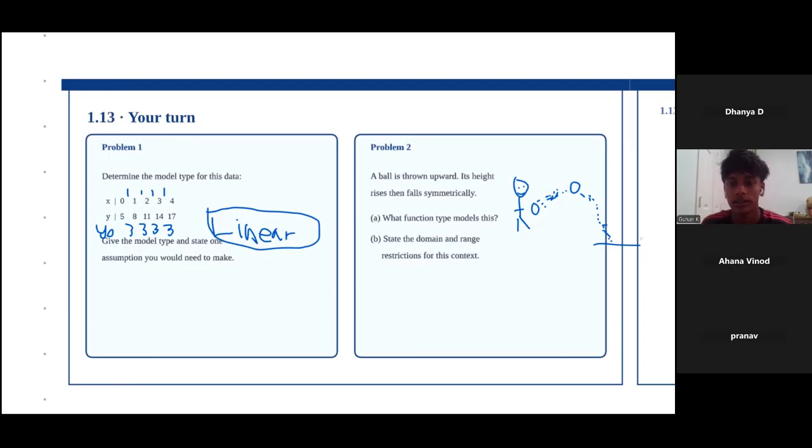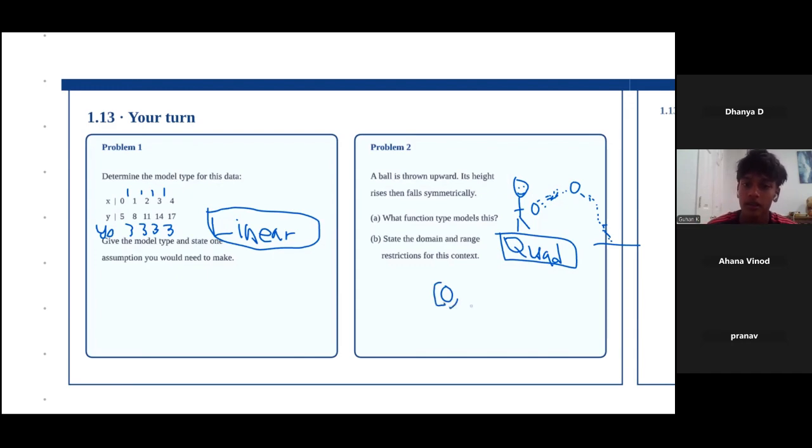So this is going to be a quadratic function. And as for the domain and range, I'm just going to write quad since it takes a long time to write on the screen. The domain is going to start at 0, because let's assume that when time equals 0 seconds, that's when I'm throwing the ball, right? So 0, because time can't be negative.